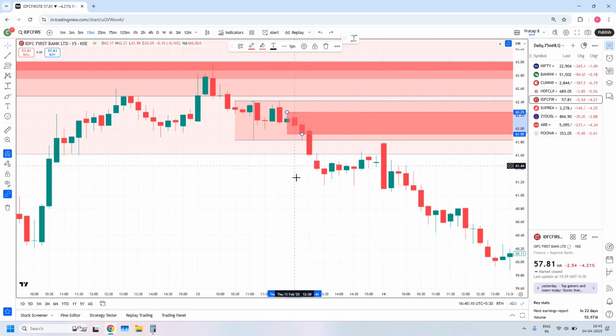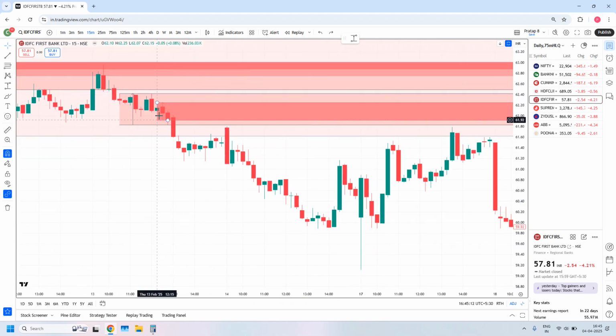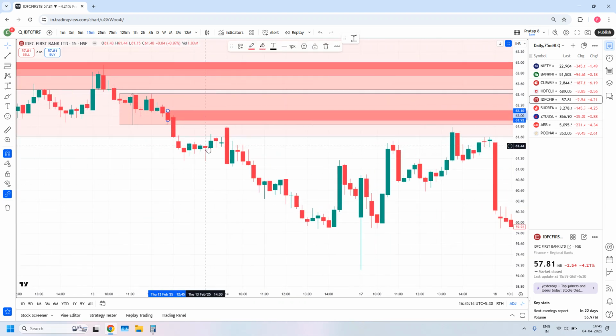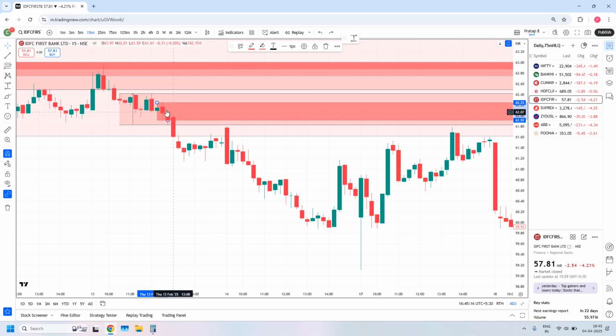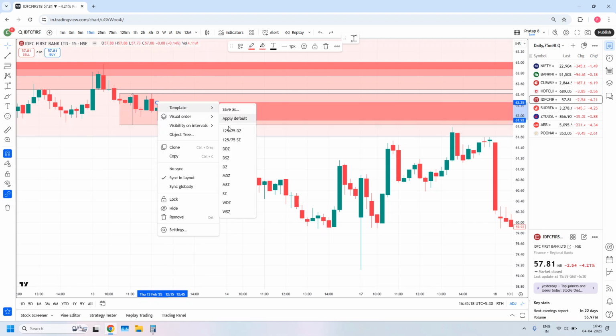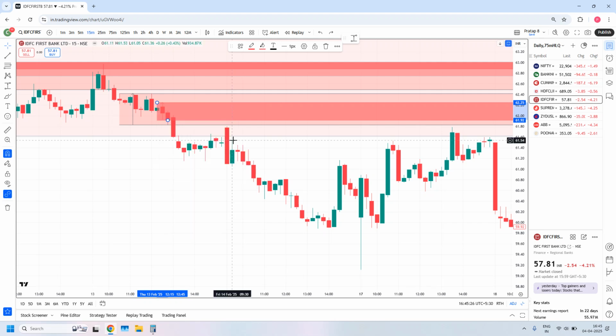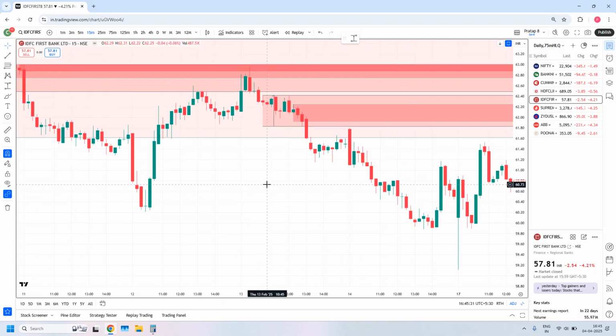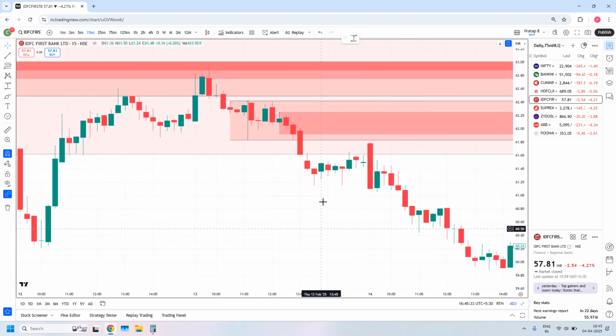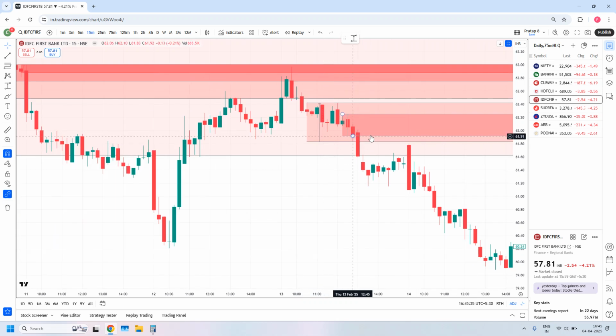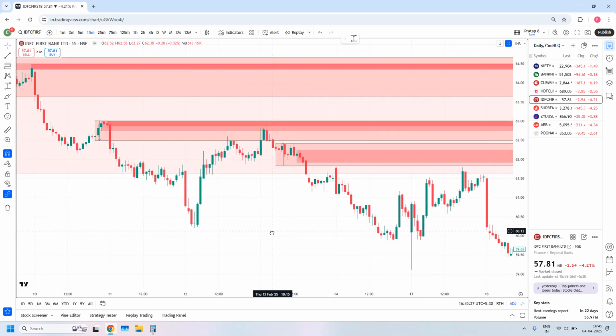This is a 15-minute zone. Why did I mark it with 5 minutes color? Okay, I think 5 minutes I didn't fine tune. Maybe I forgot, or let me first change the color. This is the 15-minute zone. I think I made some mistake. 5 minutes I forgot to draw, or there is no 5-minute zone. I don't know, but let us check.